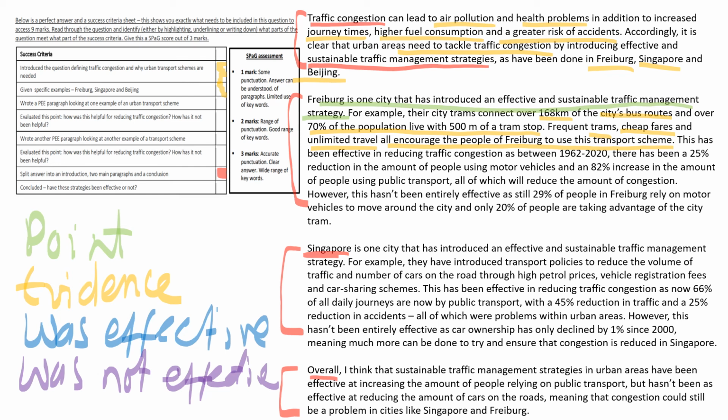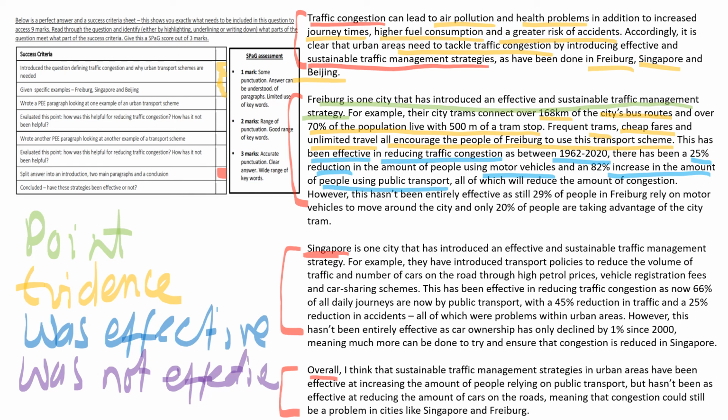Okay then, so now I need to talk about why it was effective. This has been effective, so I'm using keywords from the question, in reducing traffic congestion, as between 1962 and 2020 there has been a 25% reduction in the amount of people using motor vehicles and an 85% increase in the amount of people using public transport. So all of these have been very, very effective.